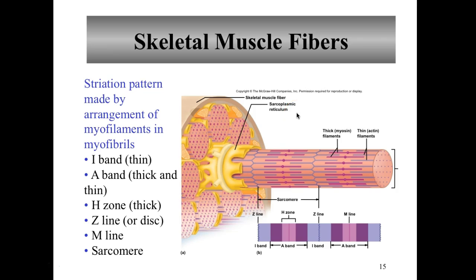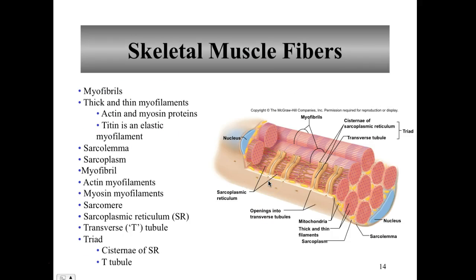The thin filaments themselves consist of the protein actin. They have this coiled helical structure. It resembles twisted strands of pearls. You do have some other proteins there, and if we come back here, you can see the names.